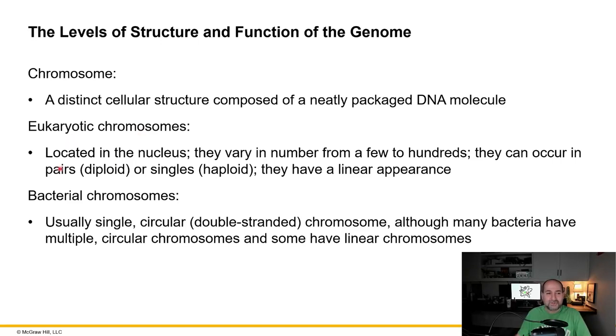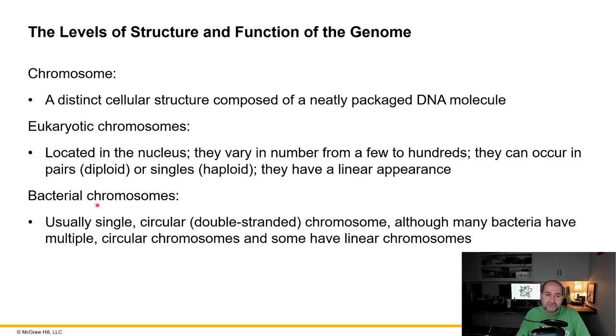Eukaryotic chromosomes are located in the nucleus of the cell. They vary in number from a few to hundreds. Remember, humans have 46 chromosomes, but different organisms have different numbers of chromosomes. And eukaryotic chromosomes are linear in appearance. That means each chromosome has a beginning and an end.